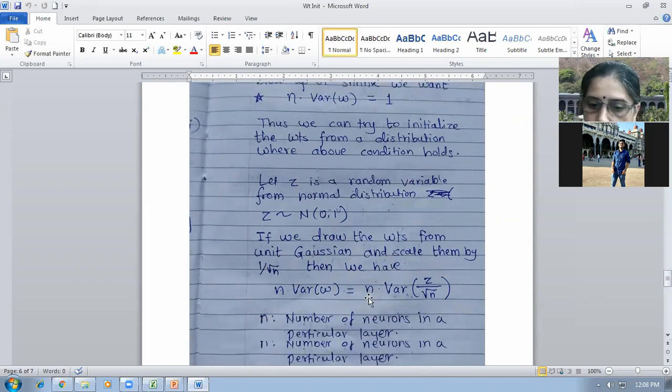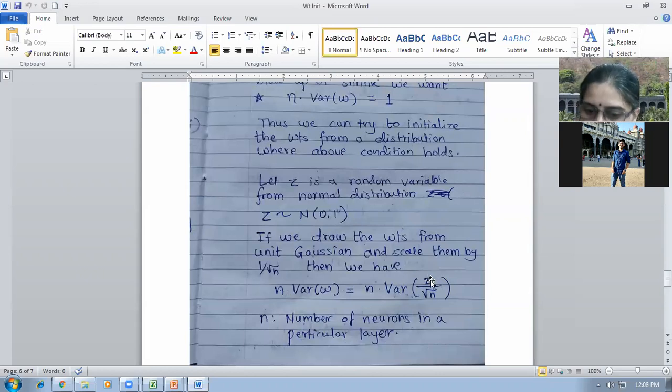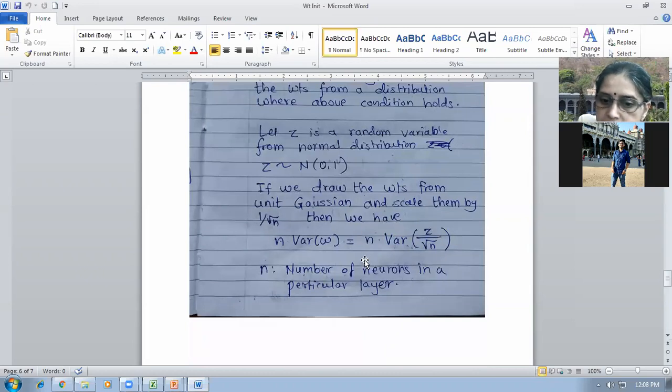So we take z divided by root n, and this n represents the number of neurons in a particular layer. This results in the initial weight values.